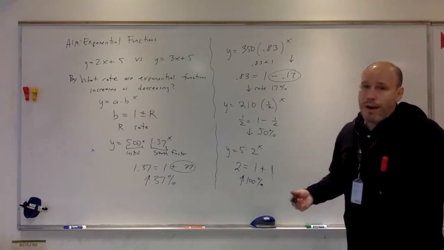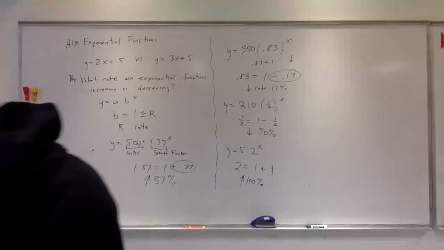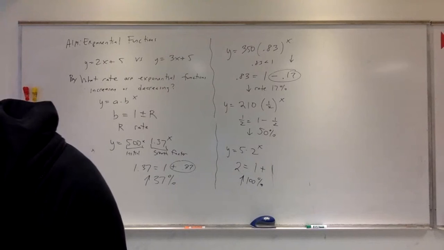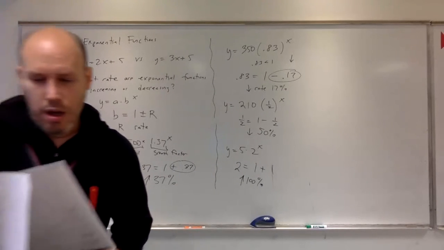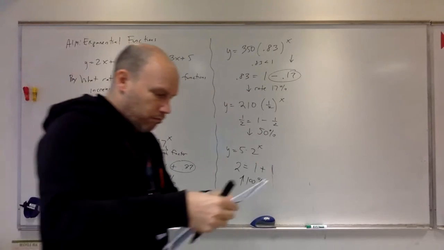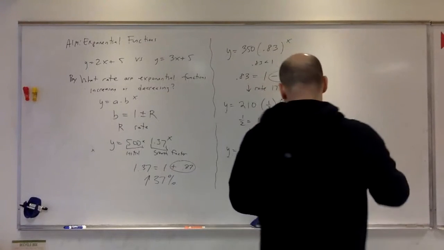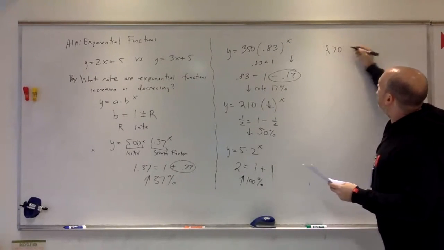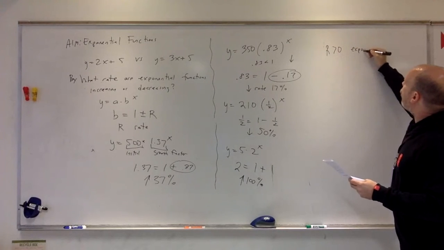And so that's how we figured out the rates. So if our R is greater than 0, we call it exponential growth.